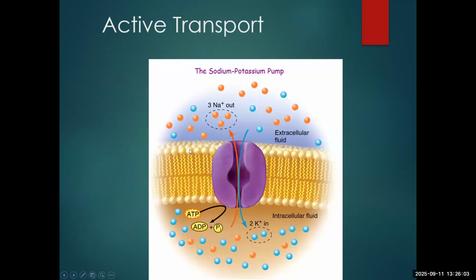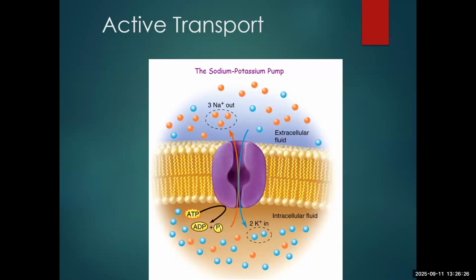So what are you looking at here? What are the golden structures right here? Phospholipids, okay? This is a very small part of the plasma membrane of one single cell.